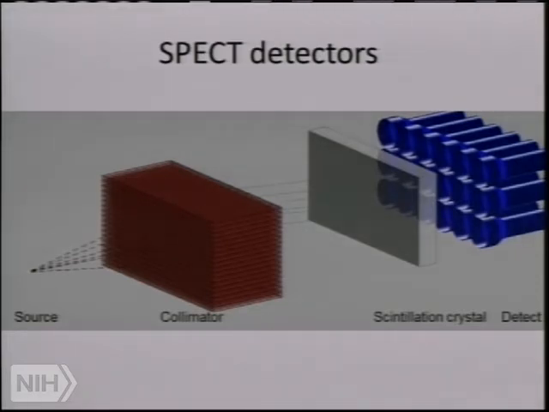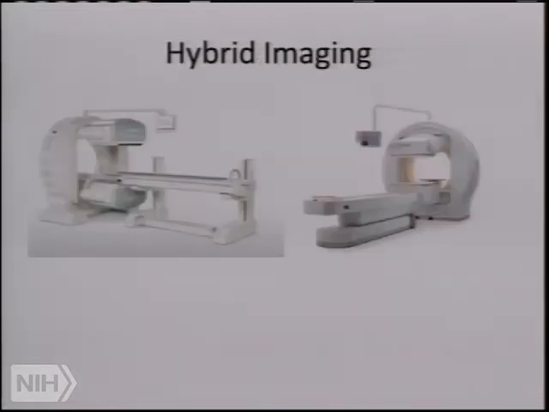So what happens after the collimator is it hits a scintillating crystal, which produces a little light, and that light is detected by these photomultiplier detectors, and they in turn generate the image. So the scanner looks a lot like this, and you might notice, unlike the MRI and the CT, there are these devices.